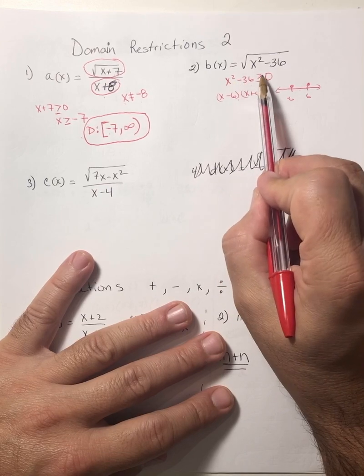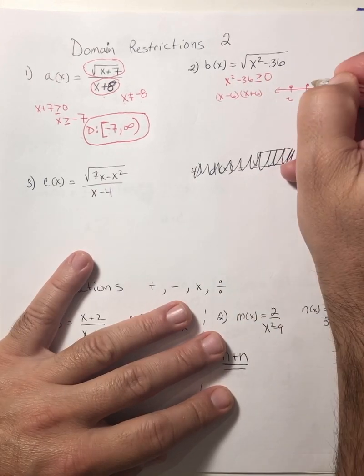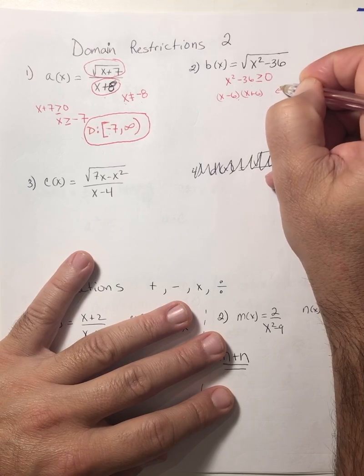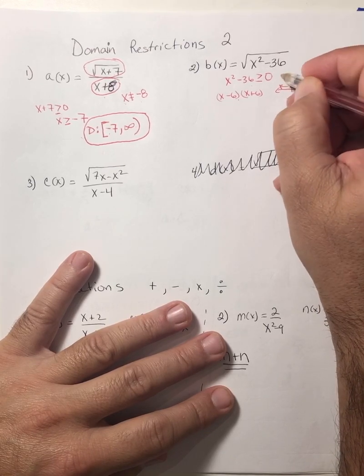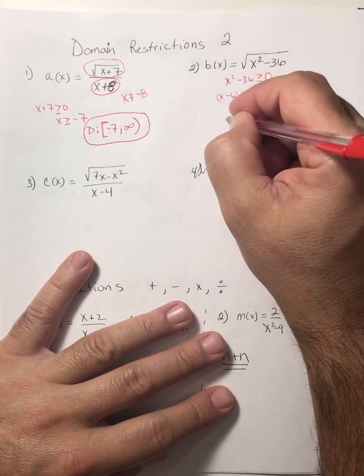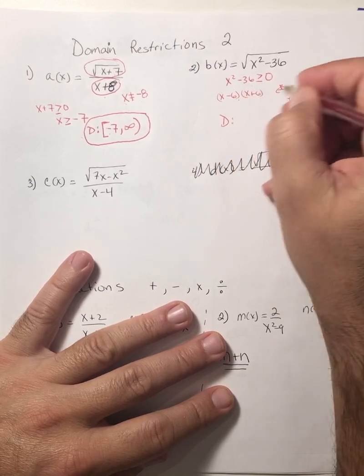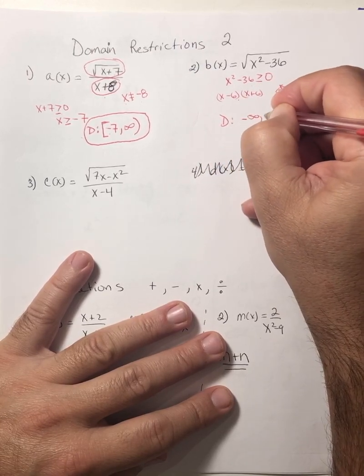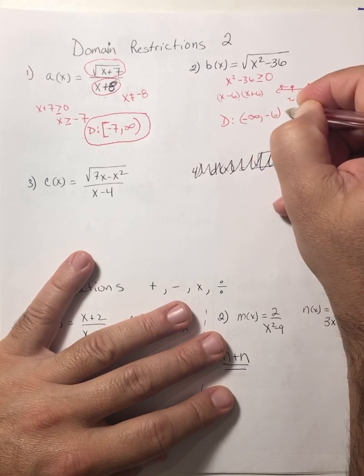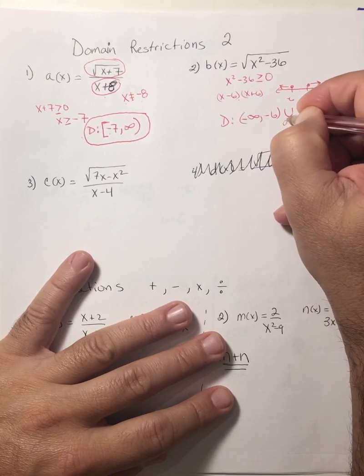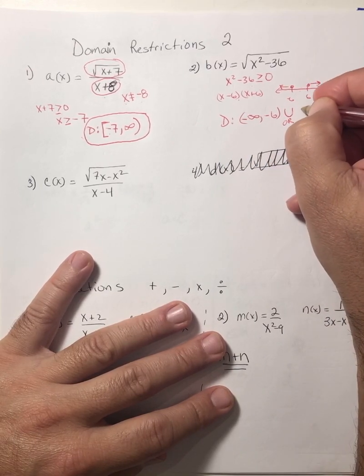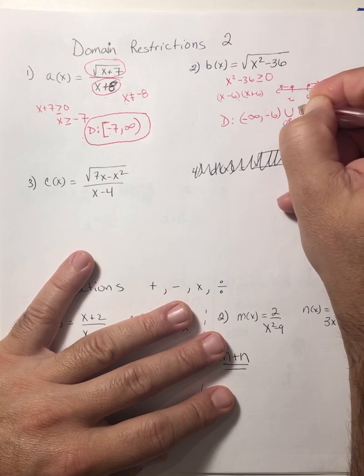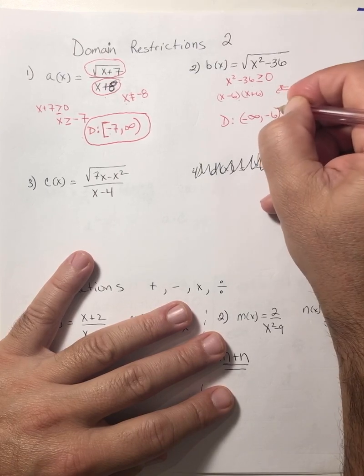Negative 36 is not bigger than 0, so we are shading to the outside. So these are your solutions. So your domain then is negative infinity to negative 6, union, or else you can write out the word or, 6 to infinity. And these are brackets.